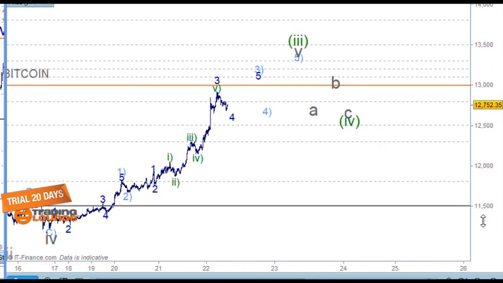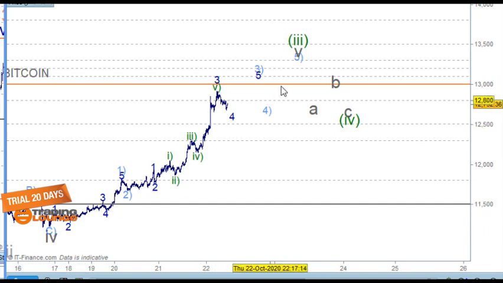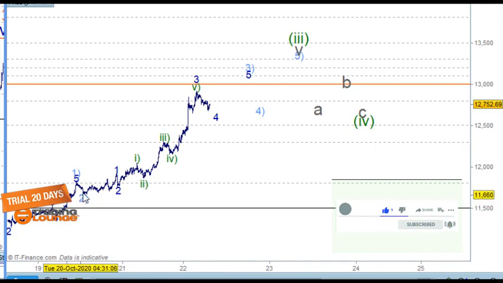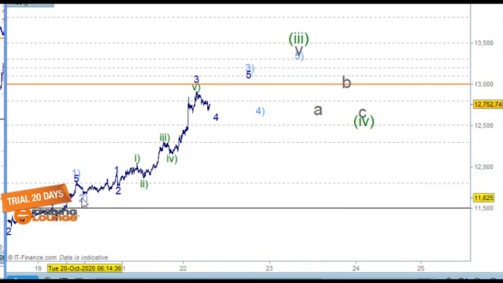From this little wave 4 low to wave 5 up here, we're looking for 5 waves in blue. So we've got 1, 2, 3, 4, 5 to make this light aqua blue, and 2 here, and then going up for 3, 4 and 5 here. From wave 2 low here to wave 3 here, we're also looking for 5 waves.